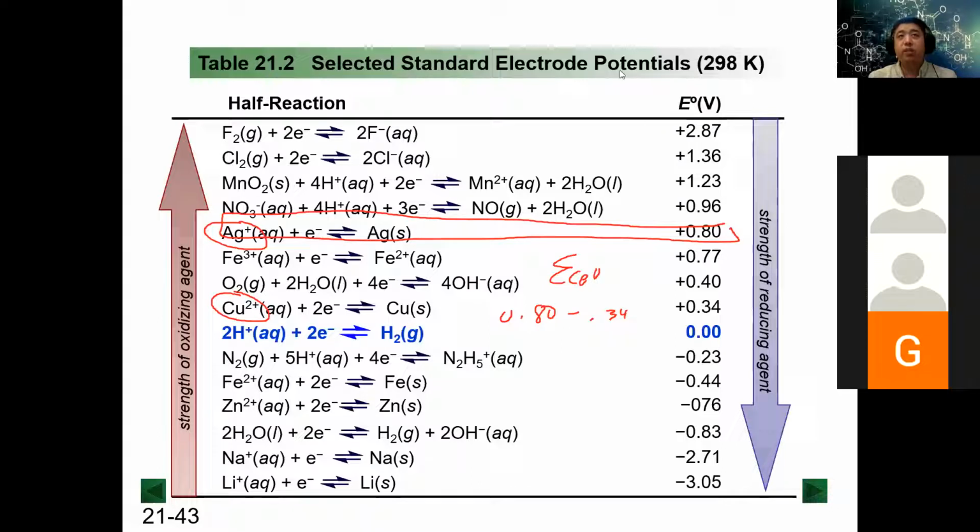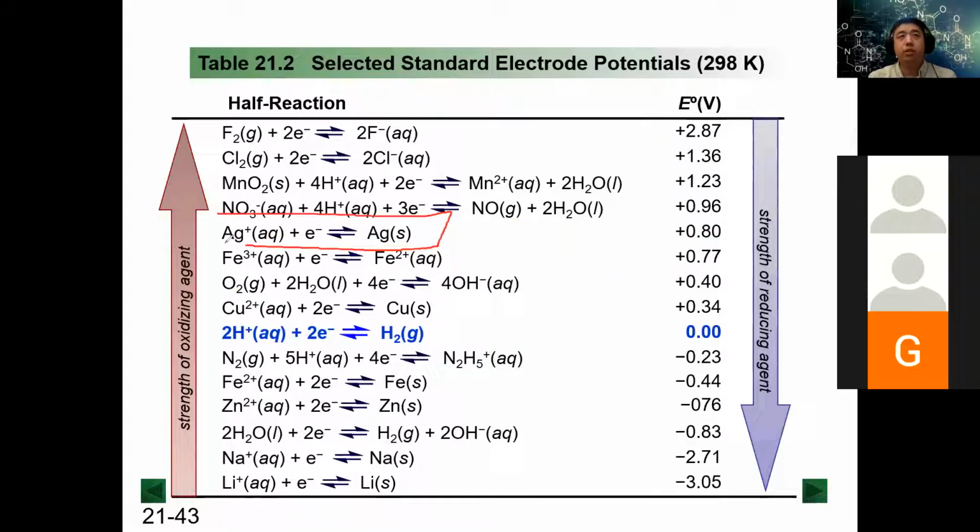When I write this equation out, this would be written as Ag+ plus an electron changes into Ag solid, right? And then this equation is flipped because this equation is now undergoing oxidation. The way it's written is undergoing a reduction. I'm going to flip it because this is the one undergoing oxidation now. So this is going to become Cu solid changes into Cu2+ plus 2 electrons.